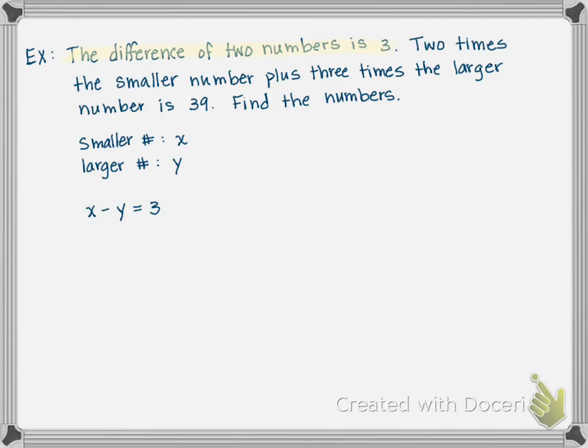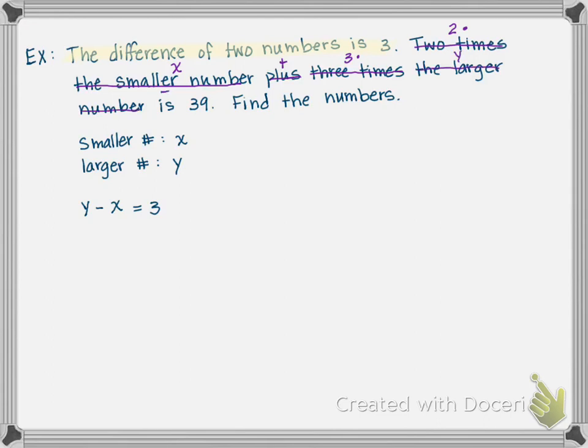So we want to write this equation as y minus x equals 3. Whenever you have a difference, you always want to do the bigger number minus the smaller number to get a positive difference. And then that second sentence can be translated pretty literally word for word into an equation, right? 2 times the smaller number, which we called x, plus 3 times the larger number, which we called y.